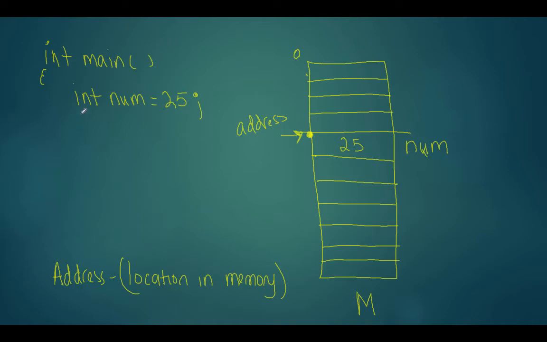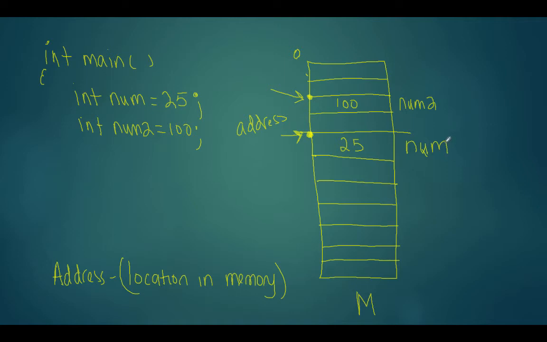If I declare another variable, int num2, and assign it the value 100, then the operating system is going to locate an empty space in memory. Maybe it's going to be up here, you never know. And it's going to say, okay, I have this empty spot right here, I can put num2 right here. It has a value of 100, and it's going to have an address. And that's just the way it works.